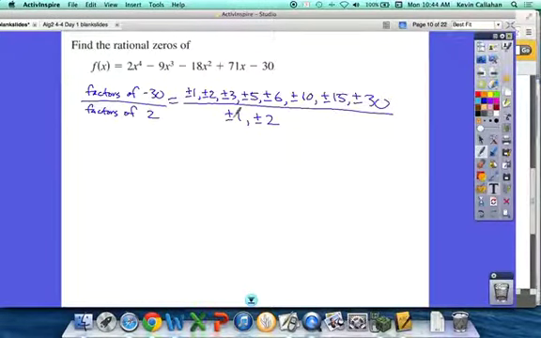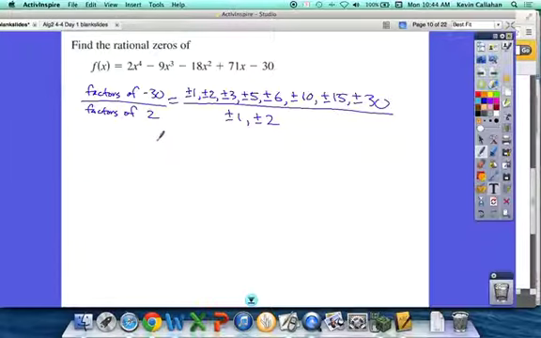Then it'll be 1 over 2, 2 over 2, 3 over 2, 5 over 2, 6 over 2, 10, 15, and 30 all over 2. How many different zeros are there? There's 1, 2, 3, 4, 5, 6, 7, 8 on the top, 2 in the bottom. That's 16, and they're all plus or minus. That's 32, right?